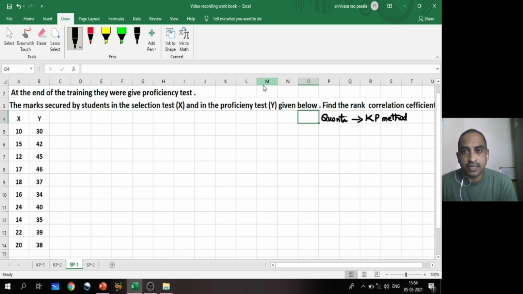The Spearman's rank correlation coefficient is denoted by the letter rho.